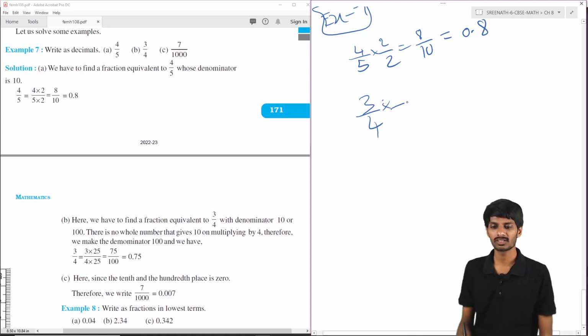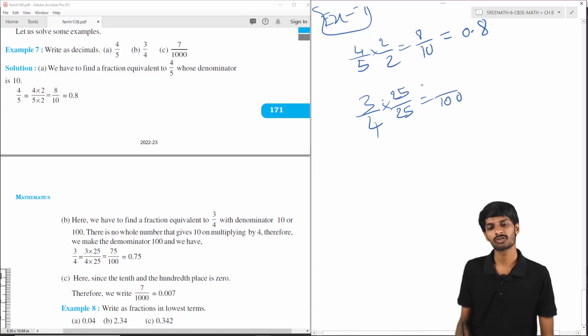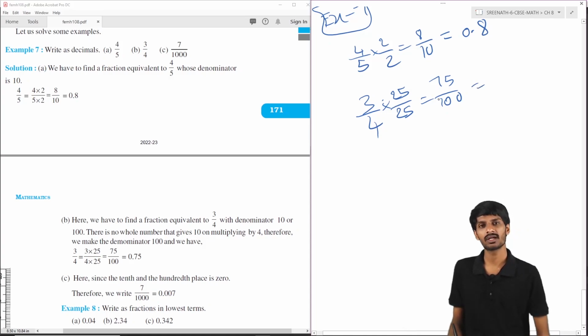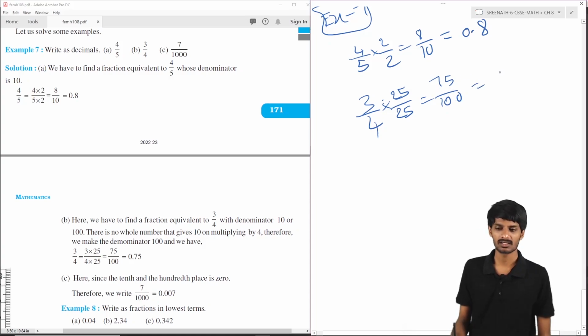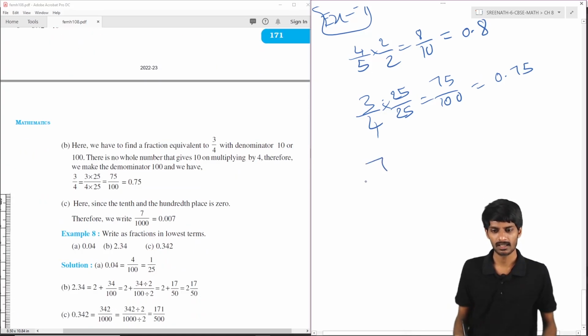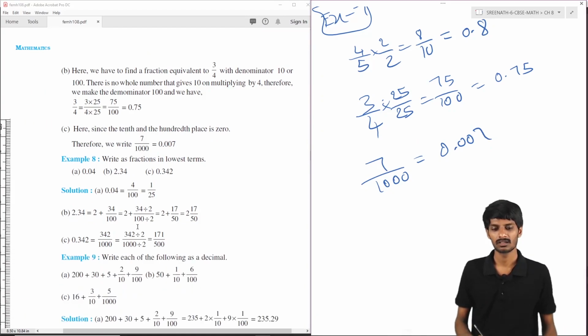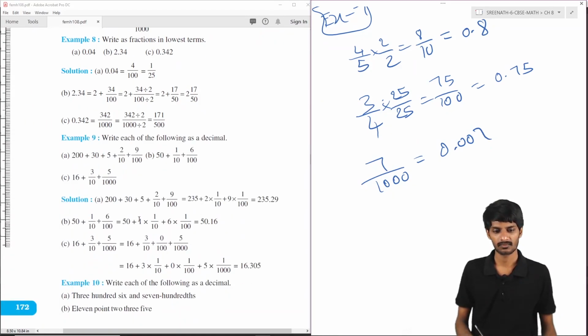Yes, if you multiply by 25, you will get 100 in the denominator. Multiplying the numerator, you will get 75. So it is 75 1/100s, that is 0.75. Like that, students. Next is 7/1000. It is simply 0.007. That's it, students.